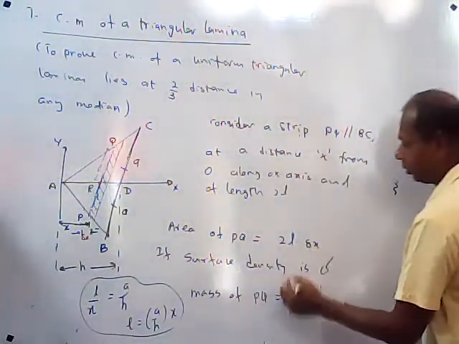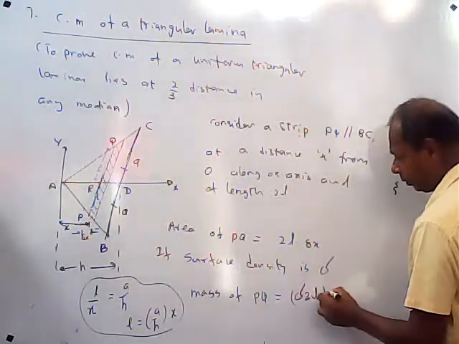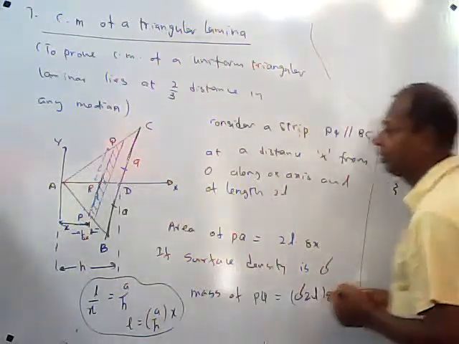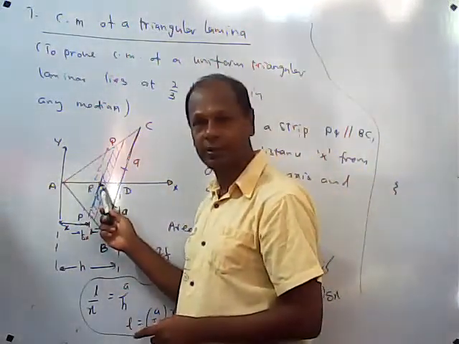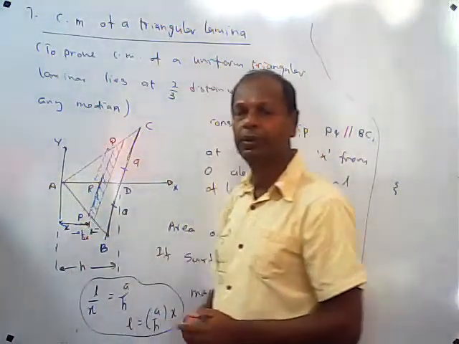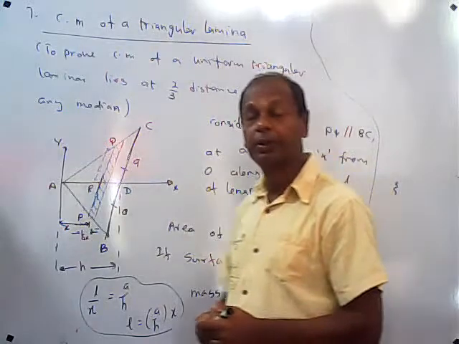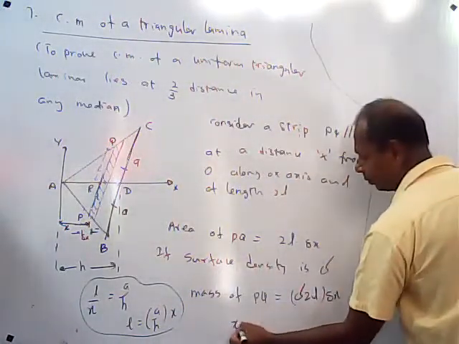So let me identify: the mass is sigma 2L delta x. The center of mass of this strip lies exactly here if you take it as a rod-like rectangular strip, and its distance is x.